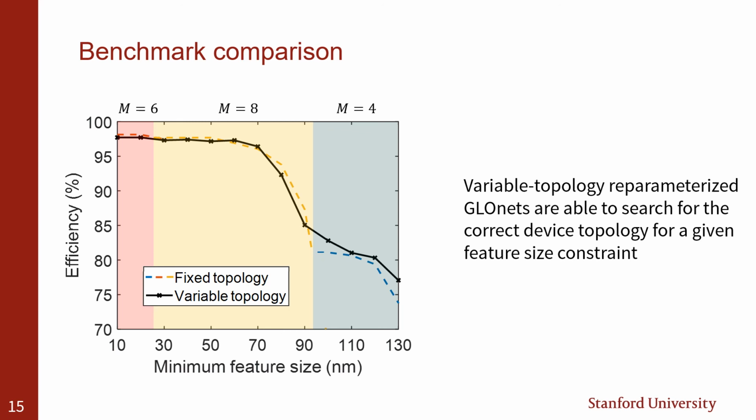Furthermore, the best variable topology devices, which is shown in the solid line, largely follow the performance of the best fixed topology devices. This indicates that this new variant of GlowNets can effectively perform a reparameterized boundary optimization.